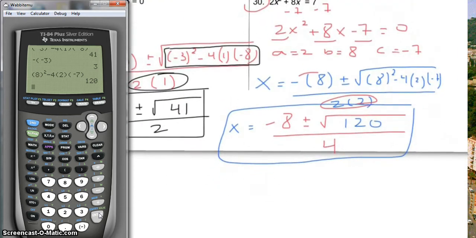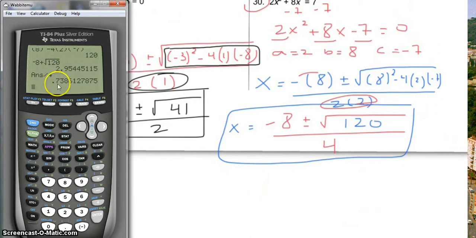Now, if this answer did not match the answers that are on the test, what you can do is you can put negative 8 plus square root of 120, press enter, and then divided by 4. Then this is going to be one of your answers. As you can see, you put negative 8 plus radical 120, and then you divide by 4.